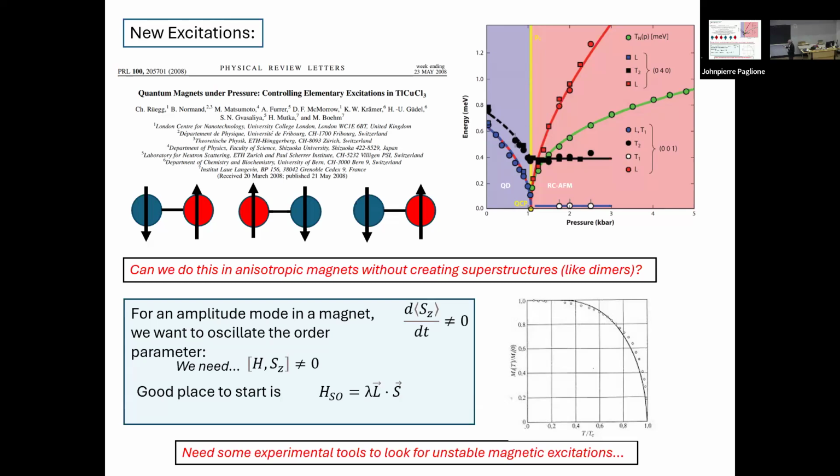But what this experiment did back in, I guess this is 2008, is they applied pressure. And that had the effect of taking those triplet excitations to E equals 0. And what they found is they got an antiferromagnetic state. But the excitations were kind of strange.